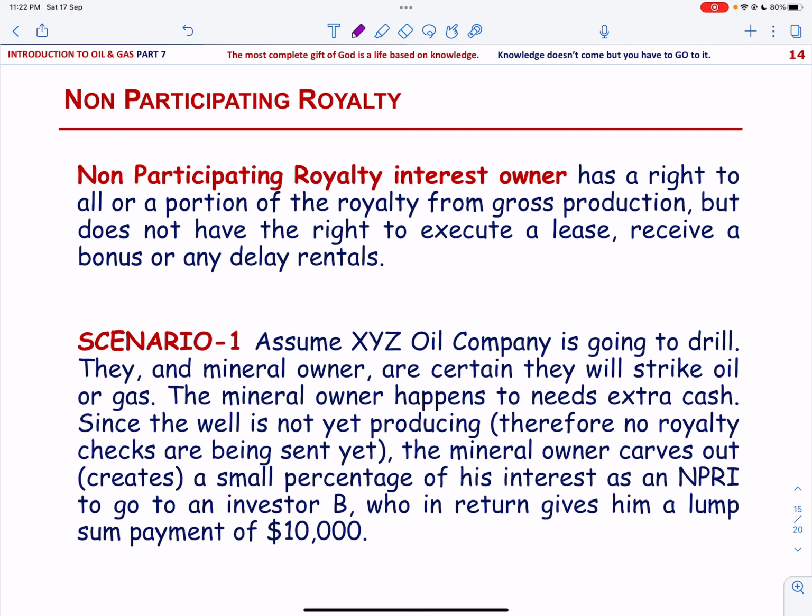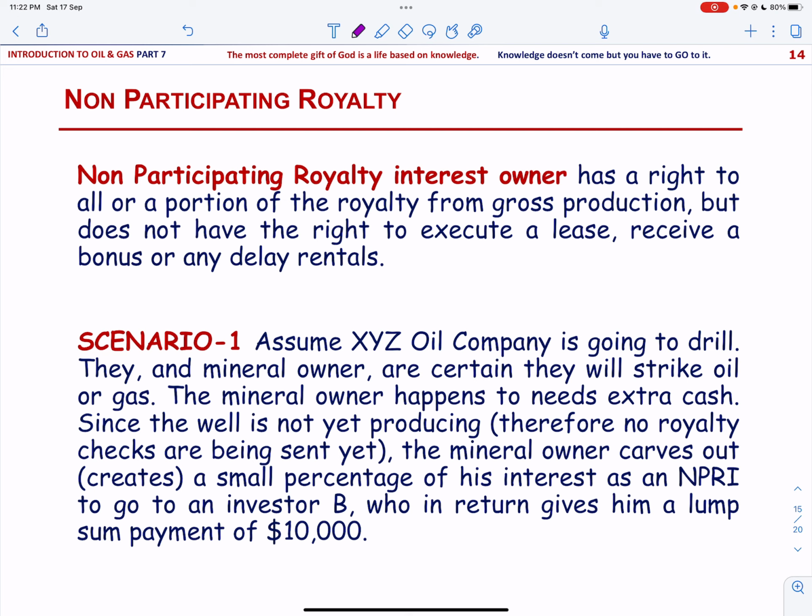The non-participating royalty interest holder neither has the right to produce the minerals himself, nor is he responsible for the operational costs associated with producing oil.